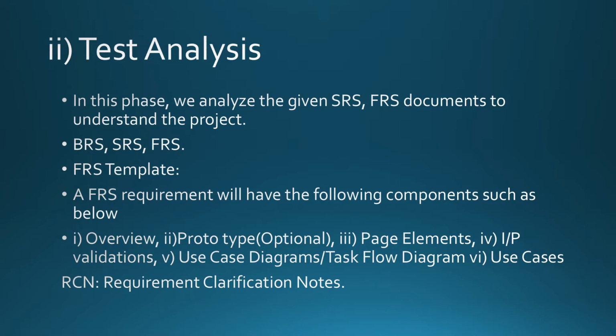So while understanding or analyzing the application, we write down our questions in the form of an RCN and discuss them with our team lead, so that he provides a detailed solution for the raised questions.